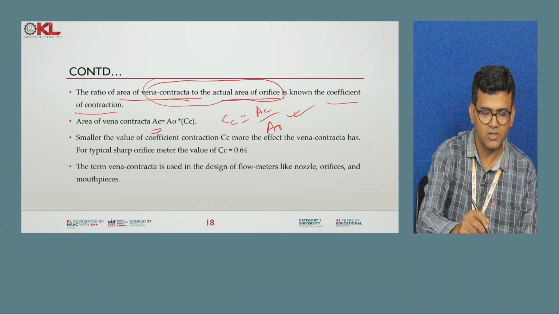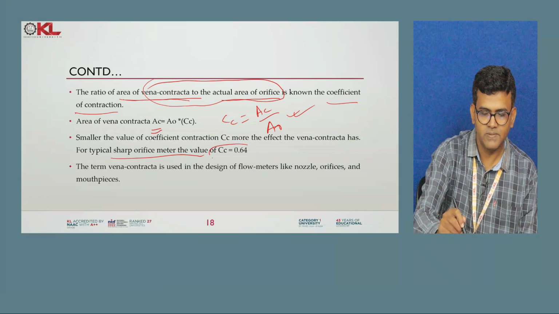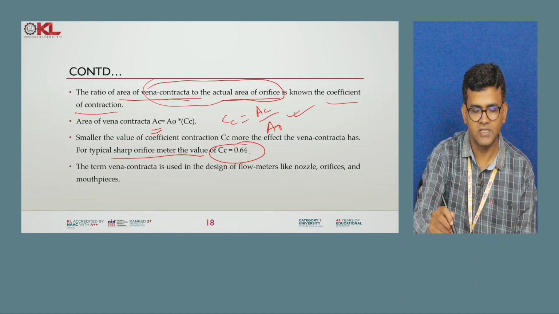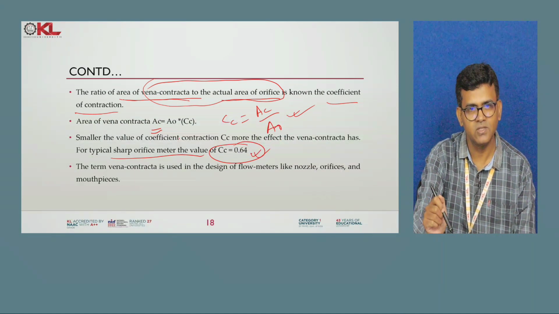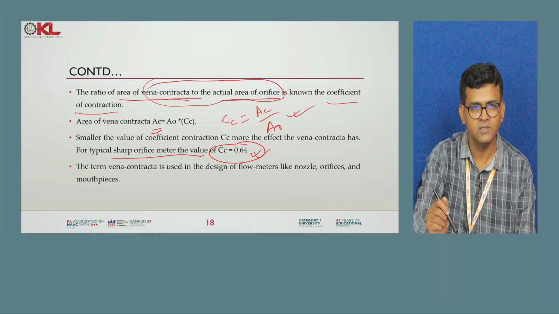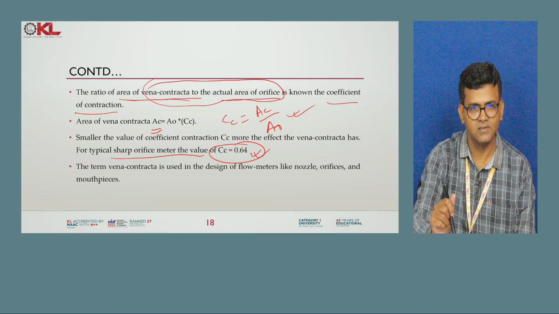In the case of the orifice, the Cc value, the coefficient of contraction, is 0.64. The smaller the value of the coefficient of contraction, the more the effect of the vena contracta will be there.